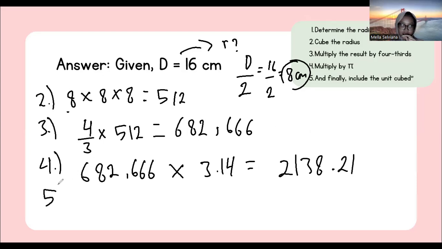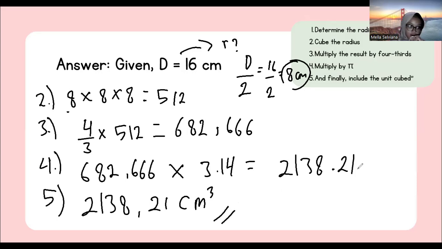And finally, the last step is include the unit cubed. 2138.21 cubic centimeters. Okay, so the volume of the sphere is 2138.21 cubic centimeters.